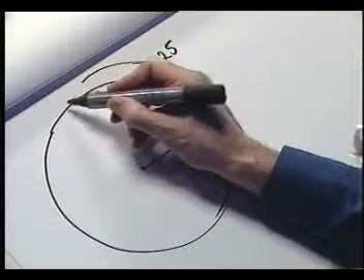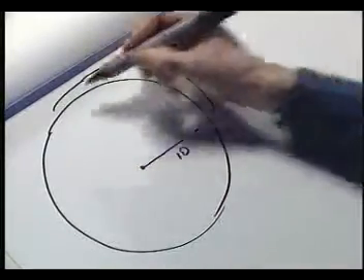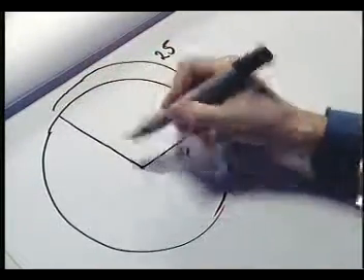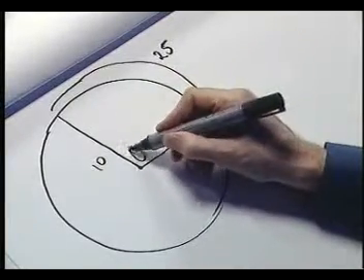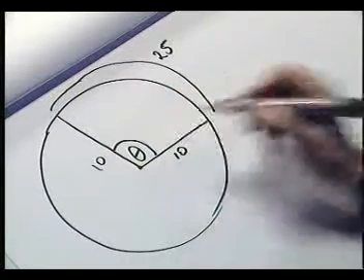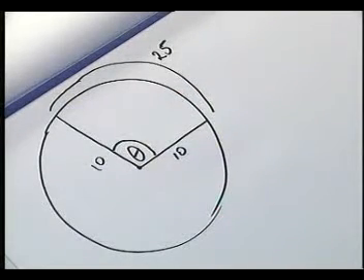Now, if I make this a little more representative, 25 is more likely to be around there, 10 and 10. And the question is, what's this angle here in terms of radians and also in terms of degrees.